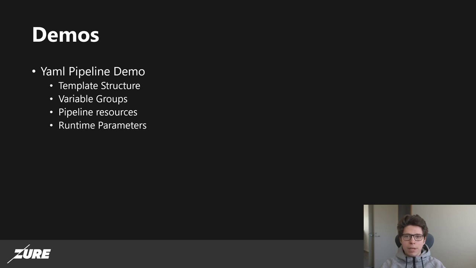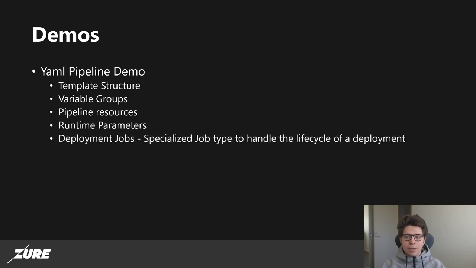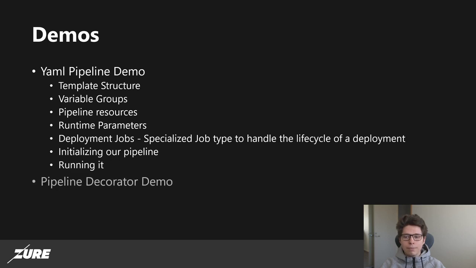Utilizing runtime parameters. Deployment jobs, which are specialized job types to handle a life cycle of a deployment. Then how do we actually add this pipeline in the portal and running it.